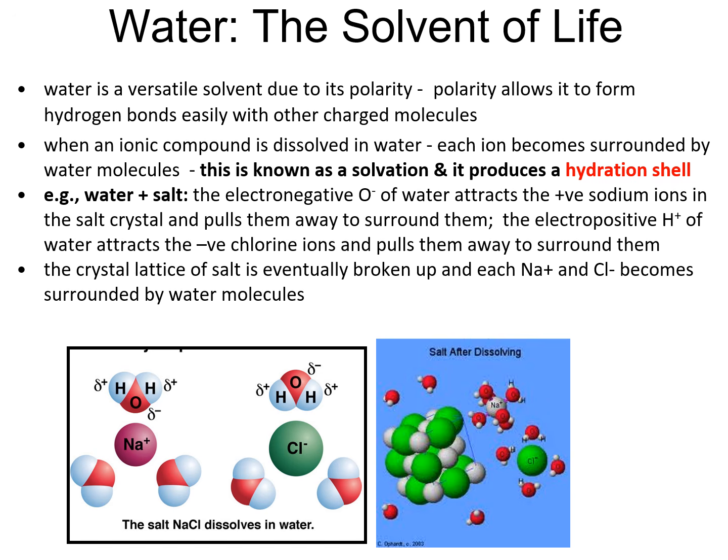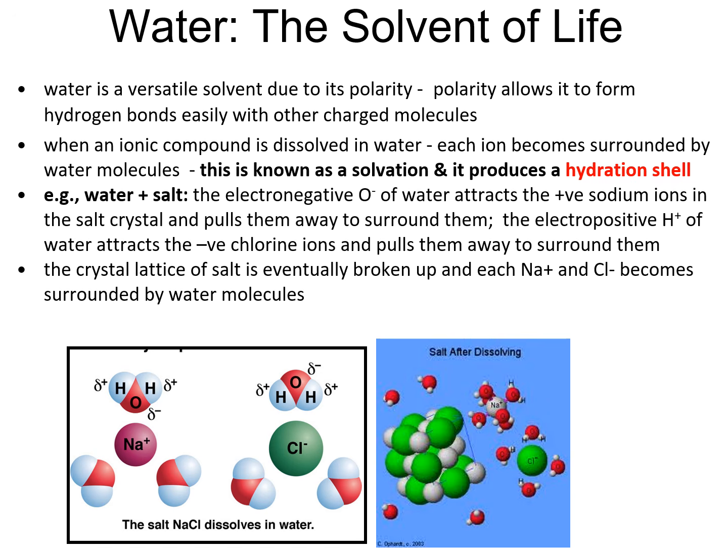Now, this is the process of dissolving, when a compound becomes surrounded on all sides by water molecules. This is known as solvation, or it results in the production of a hydration shell. The reason it happens is that the electronegative oxygen of the water molecule interacts with the positive sodium in the salt crystals and pulls it away from the crystal and surrounds that positive sodium atom, whereas the positively charged hydrogen of the water molecule is attracted to the negative chloride ions and pulls those away from the salt crystal and surrounds those.